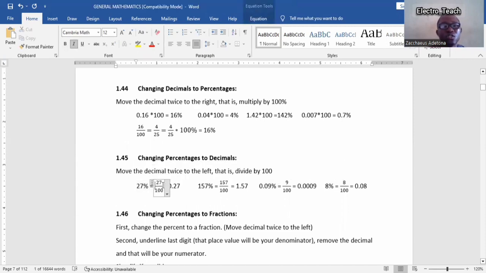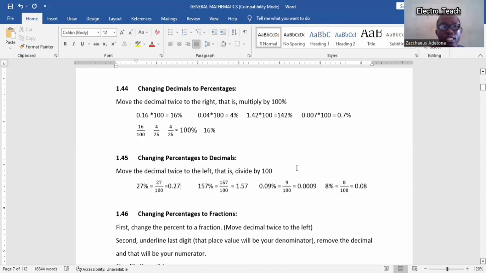The equivalent of that will be 27 divided by 100, and the answer is 0.27. 157% will be 157 divided by 100, and that's 1.57. 0.09% is 0.09 divided by 100, and that will give us 0.0009. 8% is 8 divided by 100, and that is 0.08. That is simple and straightforward.